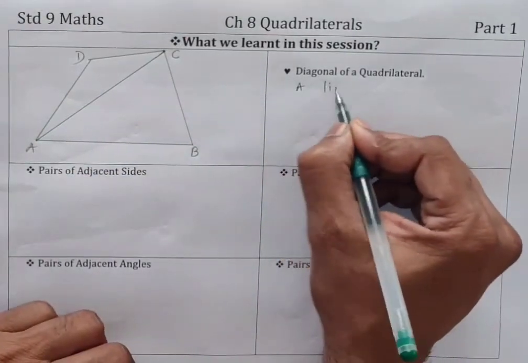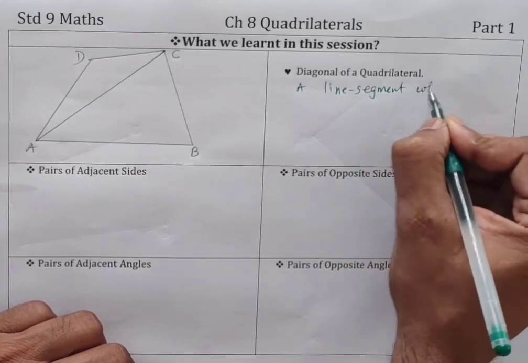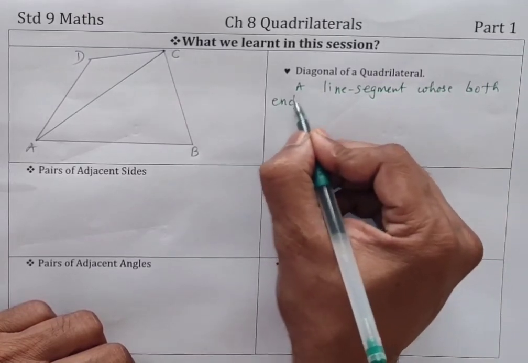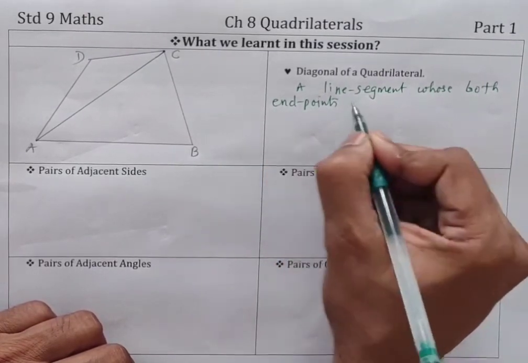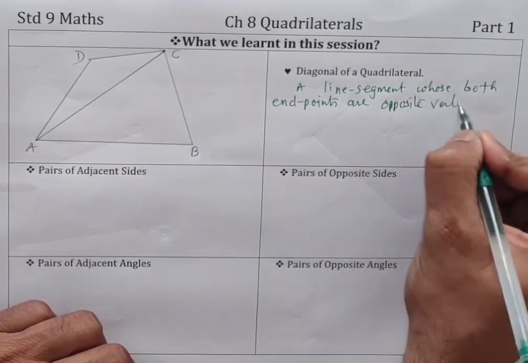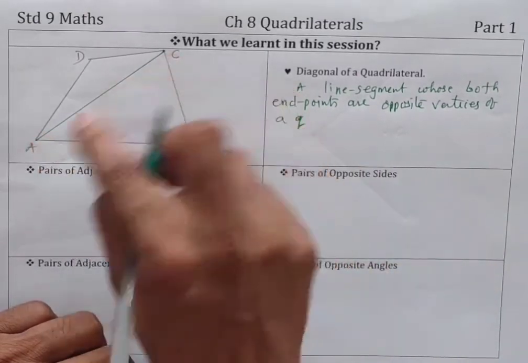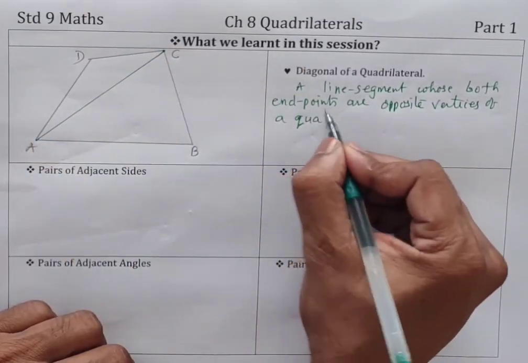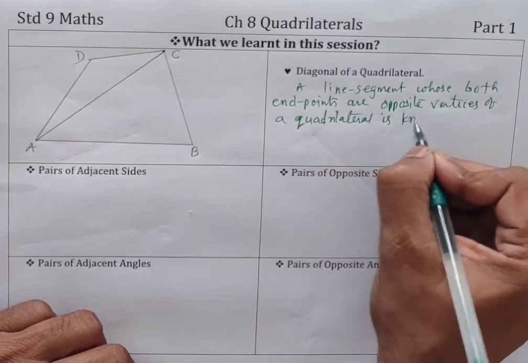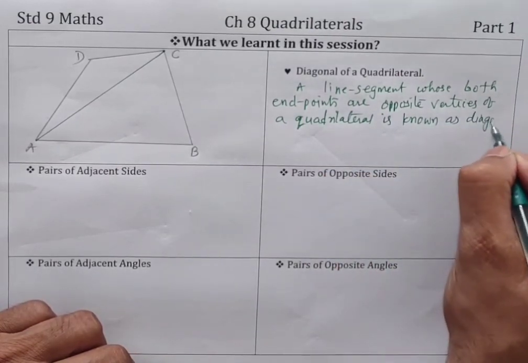A line segment whose both endpoints are opposite vertices of a quadrilateral, A and C, they are opposite vertices of a quadrilateral, is known as diagonal.